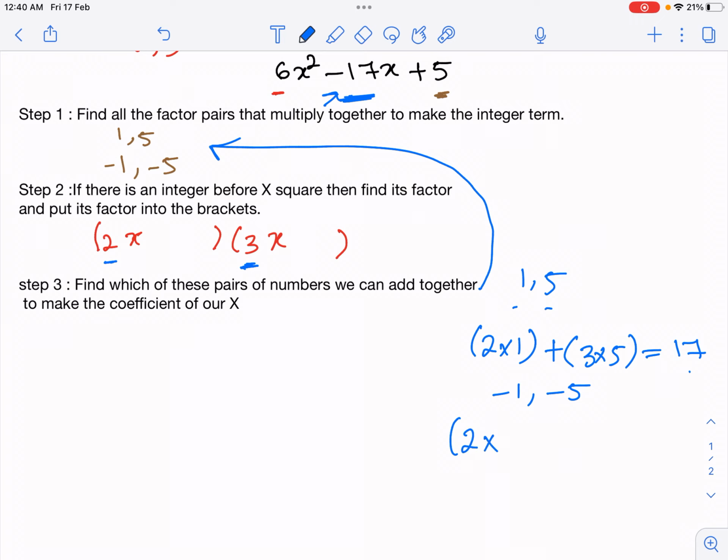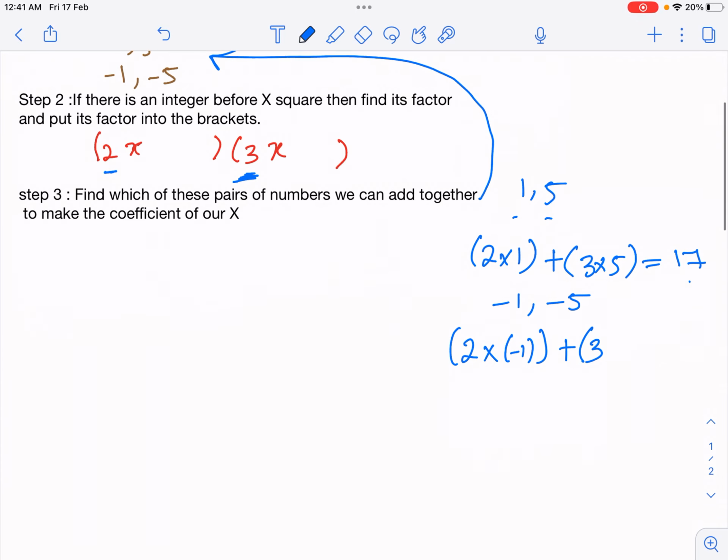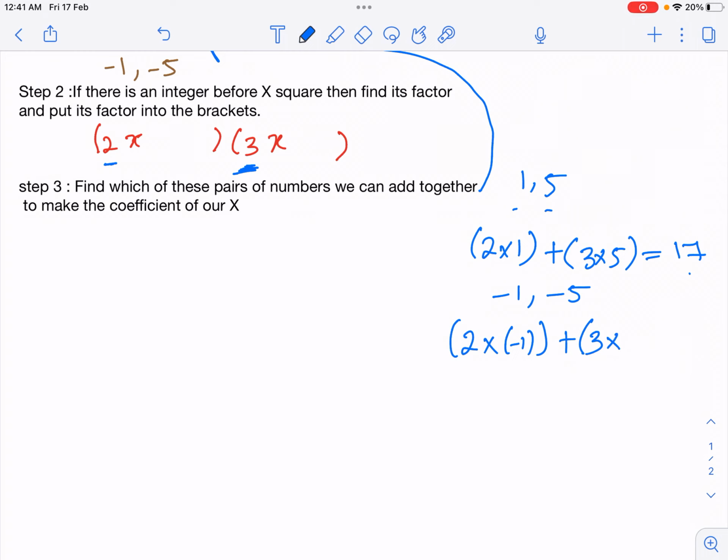So 2 multiplied by negative 1, plus 3 multiplied by negative 5. 2 multiplied by minus 1 is negative 2. 3 multiplied by negative 5 is minus 15.